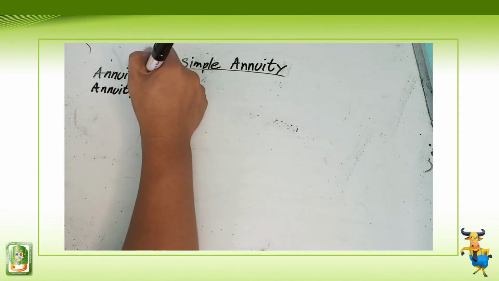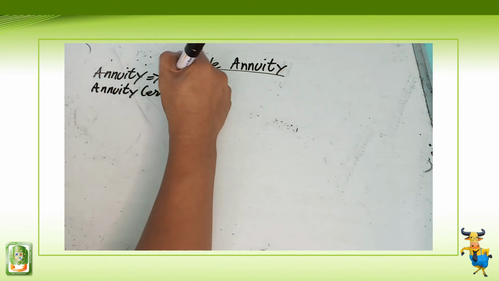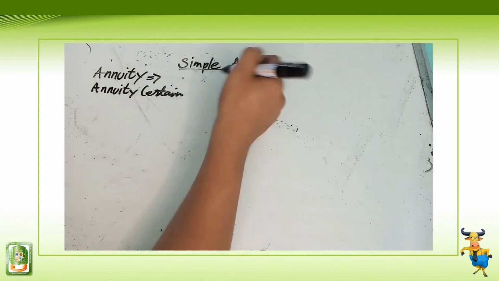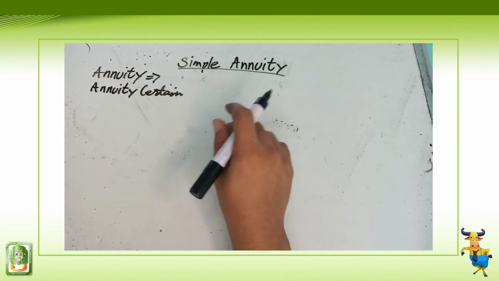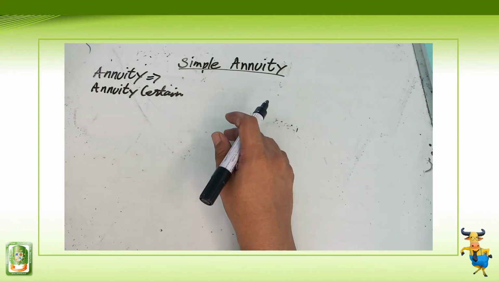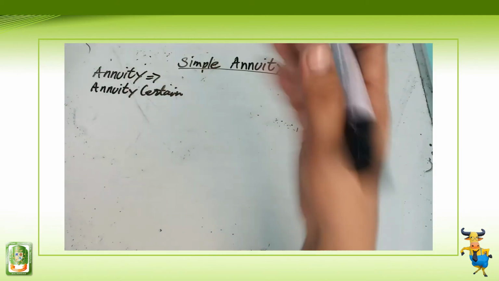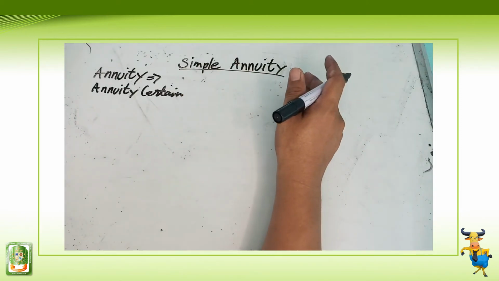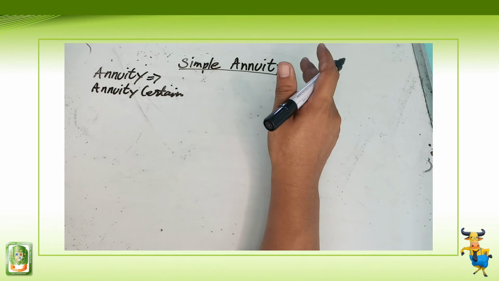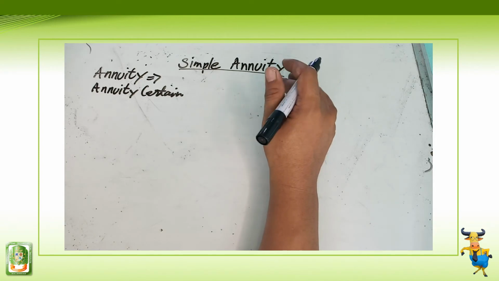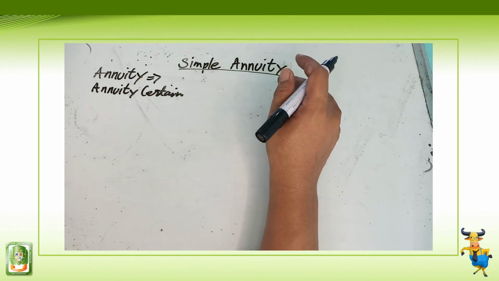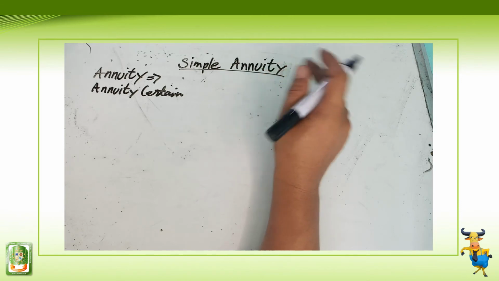Annuity certain, this one is payable for a definite duration, begins and ends on a definite or fixed date, or tinatawag na natin na monthly payment, halimbawa car loan.